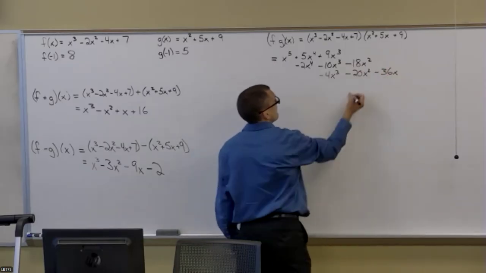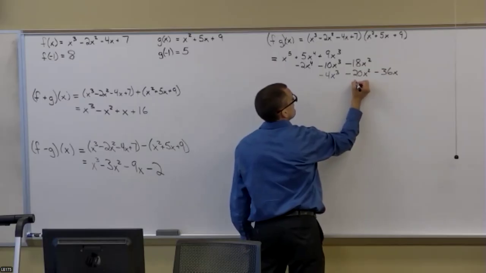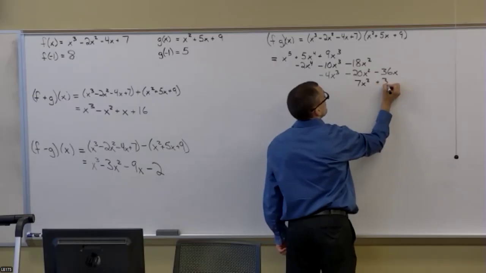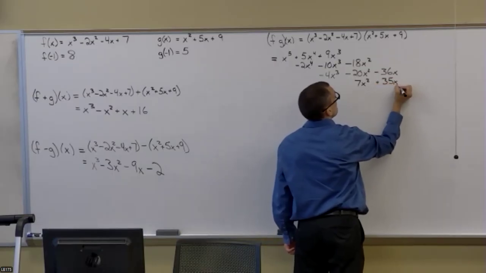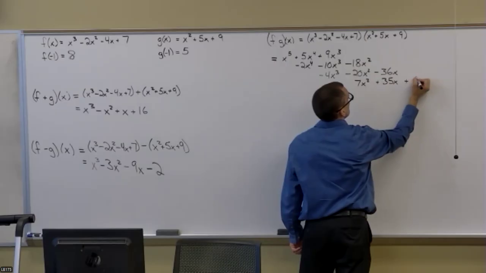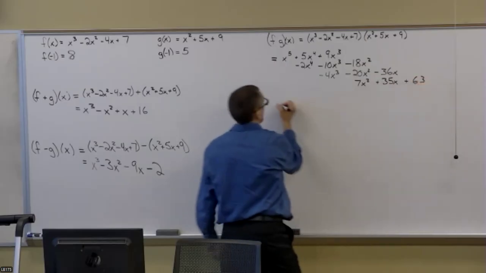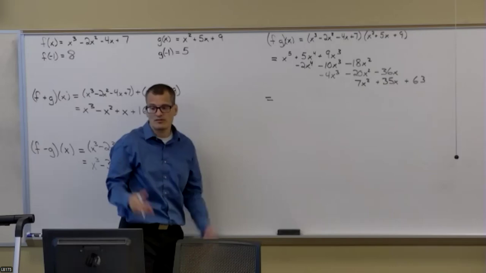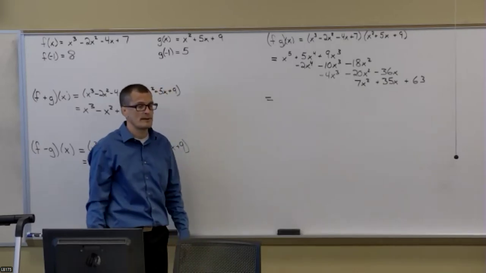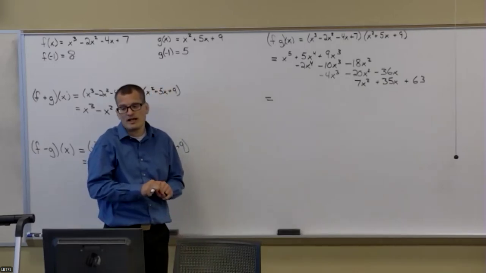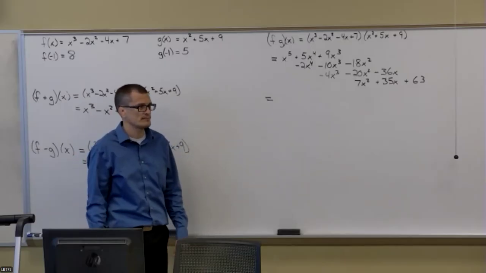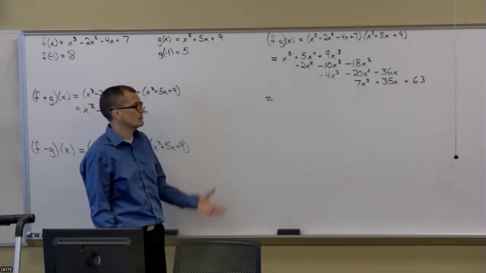And then 7 times everything, 7x squared plus 35x plus 63. And then if I write it like that, it's a little bit easier to add up like terms because I've already aligned them. I'm just writing one line with all the like terms lined up, using multiple lines, obviously.